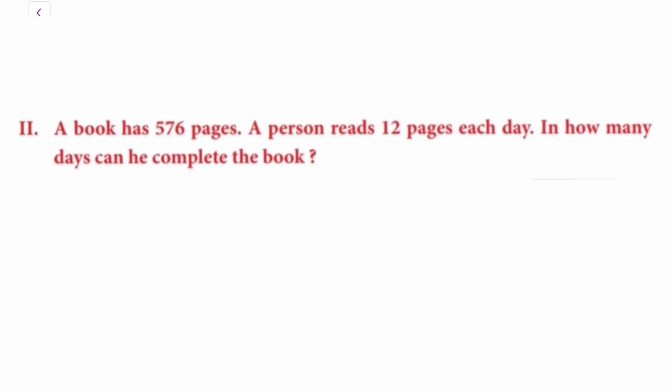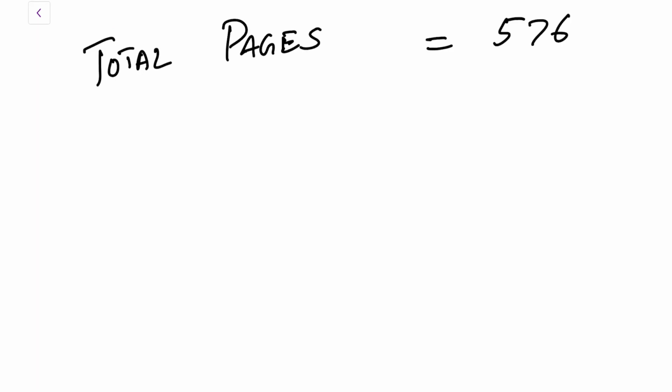Here's another word problem. A book has 576 pages. A person reads 12 pages each day. In how many days can he complete the entire book? So, what are the total number of pages in the book? 576.